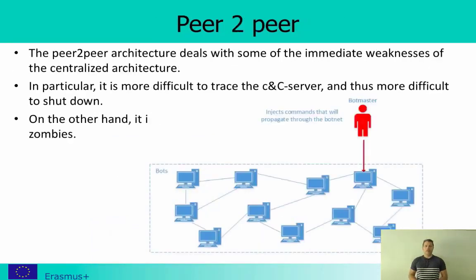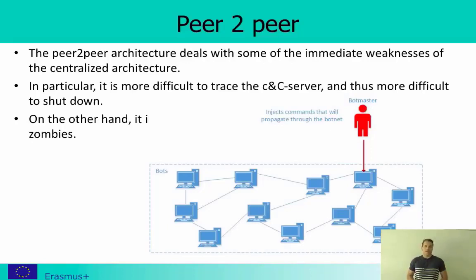In the peer-to-peer architecture, we try to deal with some of the shortcomings of the centralized architecture that we saw just before. Here you have a lot of machines connected to each other, and it can look pretty unorganized. The idea is that the botmaster can inject commands to one machine, which will then forward them to other machines, which will forward them to other machines again.